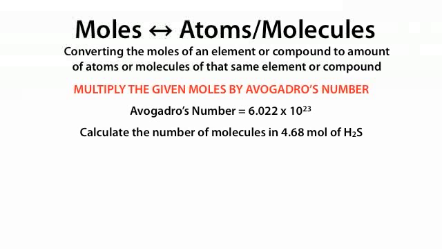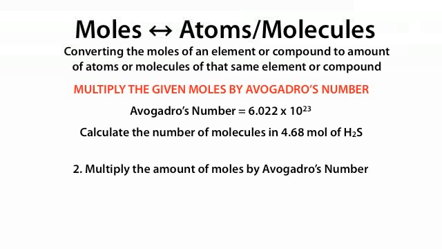Calculate the number of molecules in 4.68 moles of H2S. Step 1. Convert the given to moles. We're given 4.68 moles, so we don't need to do anything. We're already in moles. Step 2. Multiply the amount of moles by Avogadro's number.